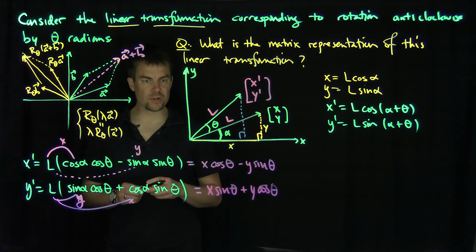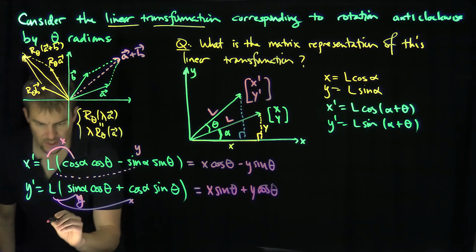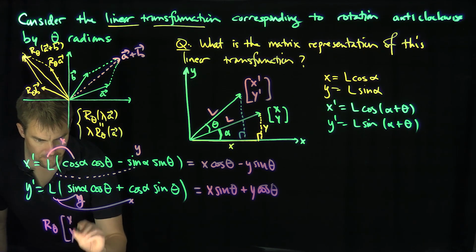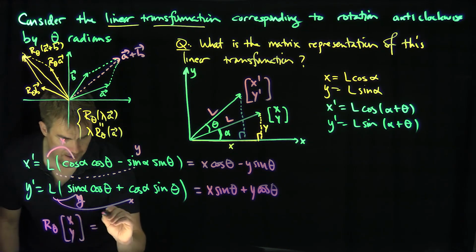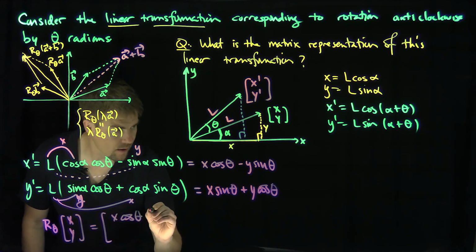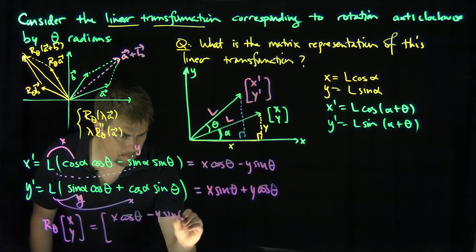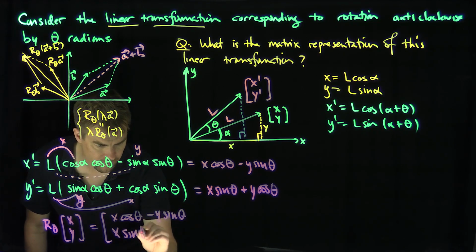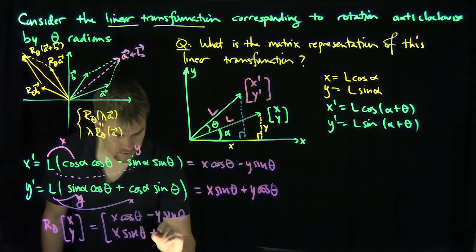Now we're in a position to see what my transformation does. My rotation transformation takes a vector (x, y) and sends it to x cosine theta minus y sine theta, and x sine theta plus y cosine theta.